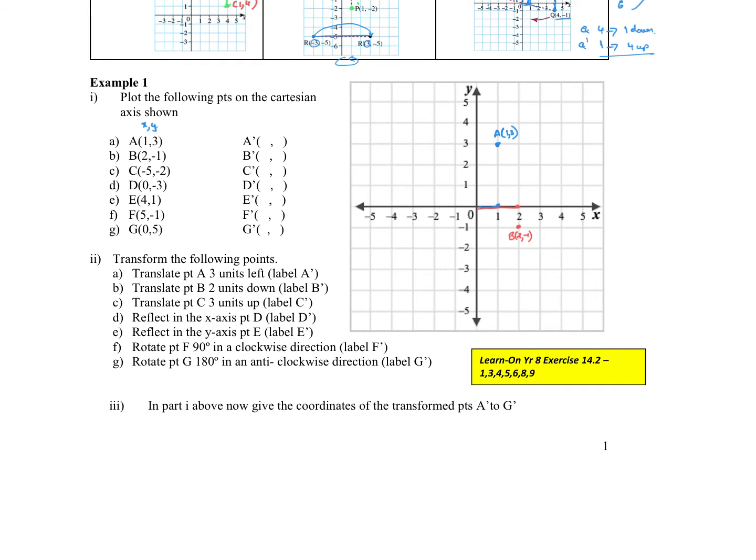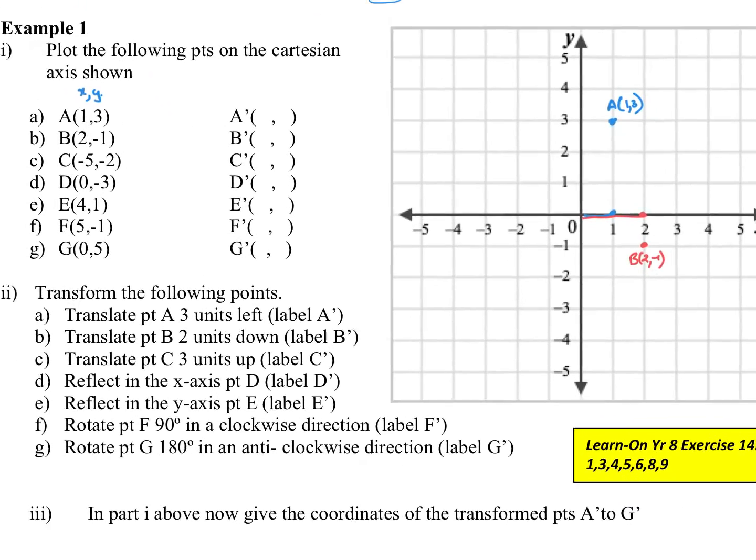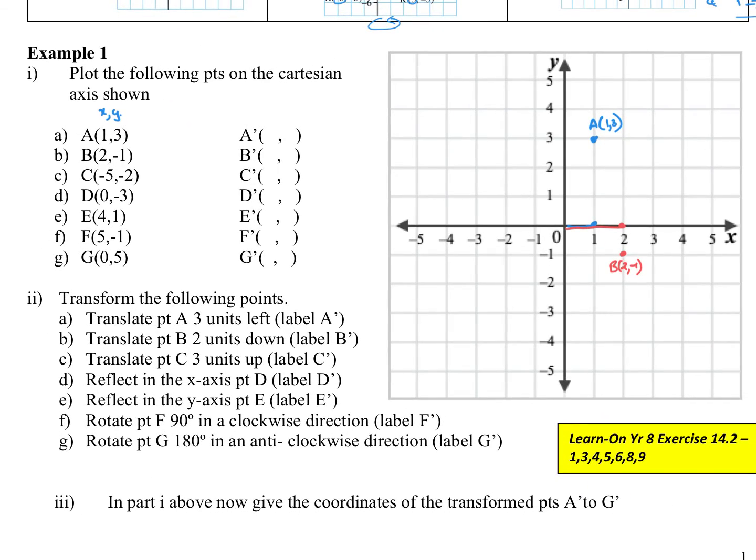I'm going to make this quite a bit bigger so I can fit everything in. The point C, -5 across, so starting at 0 and moving to the left, across to -5, and then we go down 2 units, 1, 2. So C is -5, -2. D, 0 across, which means I'm starting at 0 and staying at 0, so I'm not going to move left or right.